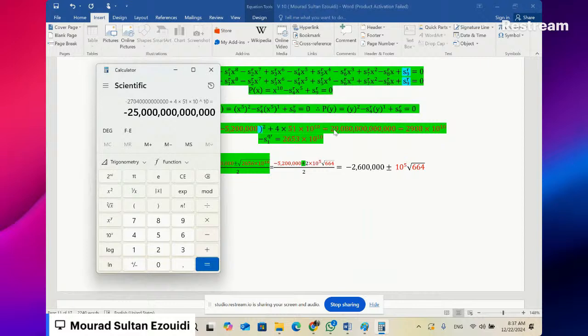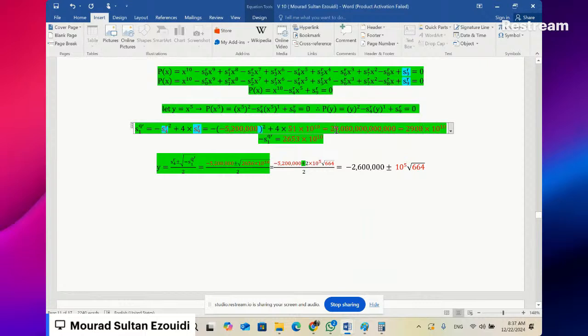Negative 2500, times 10 raised to the power 10. I'll check on my calculator and do this again.